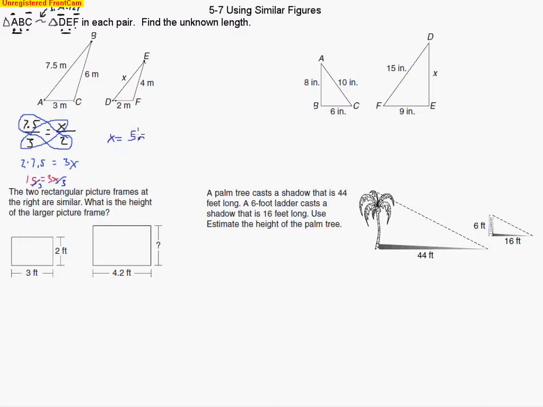The next one is similar, except this one's a little bit more difficult, because if you look at the triangles, they aren't going the same direction as these were. So it's real important to look at these points and see which ones correspond. Let's take a look at A and B. These two, 8 inches from A to B, corresponds to DE.